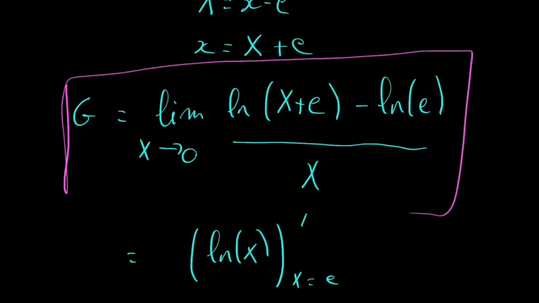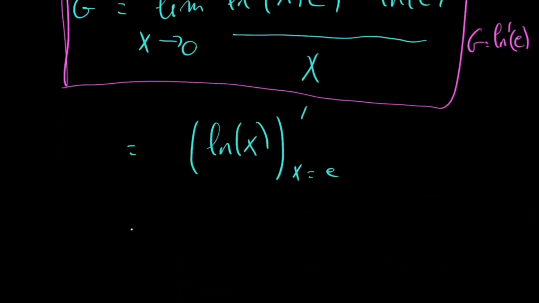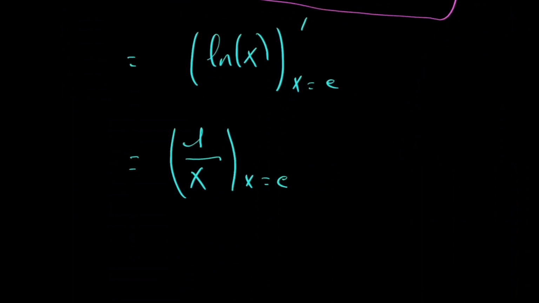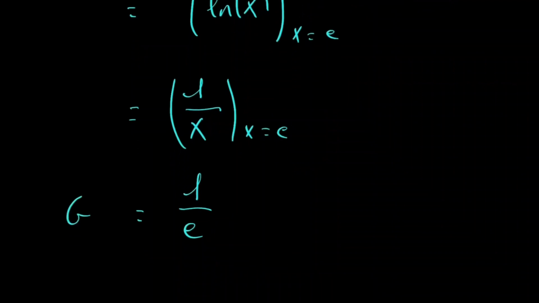So g is equal to ln prime of e. What is ln of x prime? This is equal to 1 over x evaluated at x equal to e. This is equal to 1 over e. So we got g equal to 1 over e. And we solved the video.